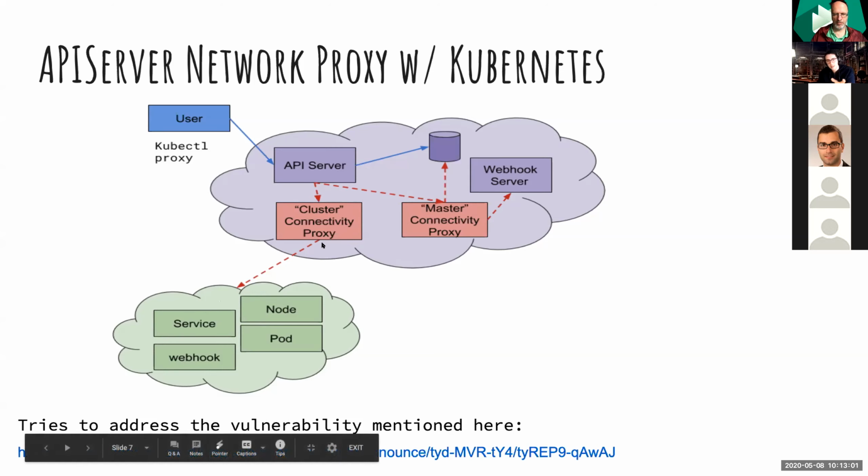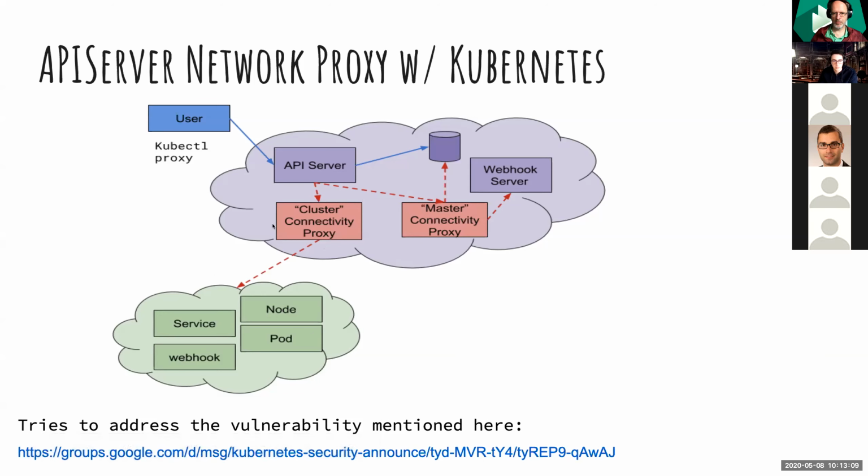We have no shoot or seed yet here; we have a control plane and a data plane. They can reside on the same network, or on different networks. Here it seems they reside on different networks, and therefore when the API server tries to talk to the cluster, it talks via the cluster connectivity proxy, or the proxy server.